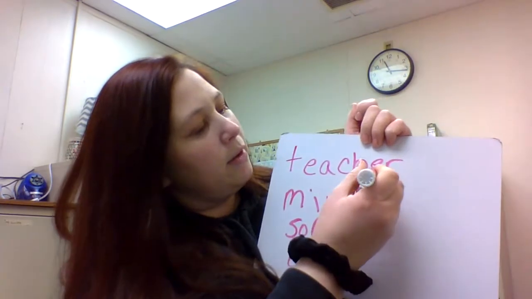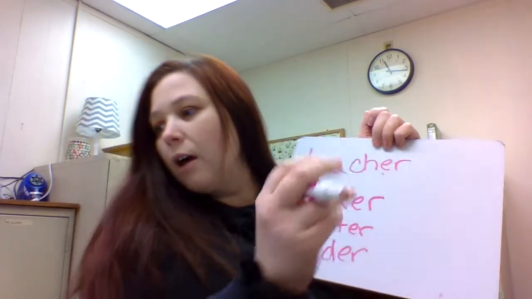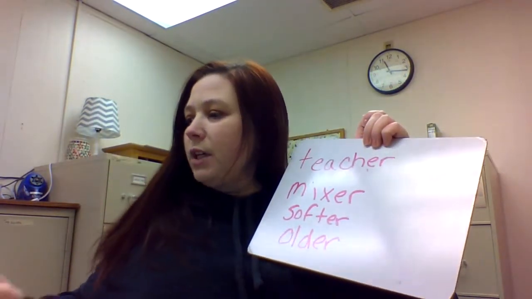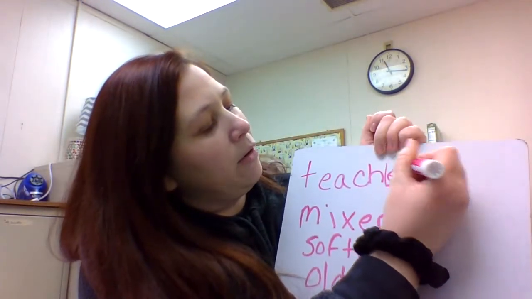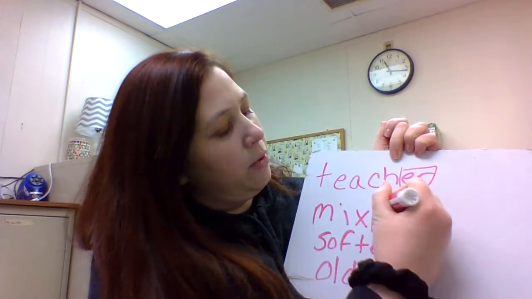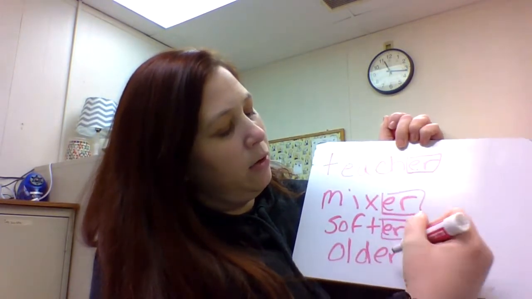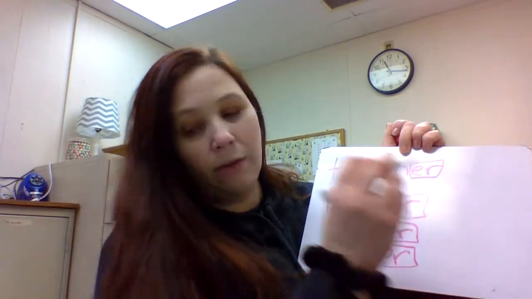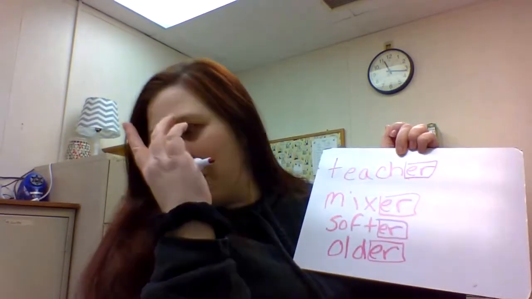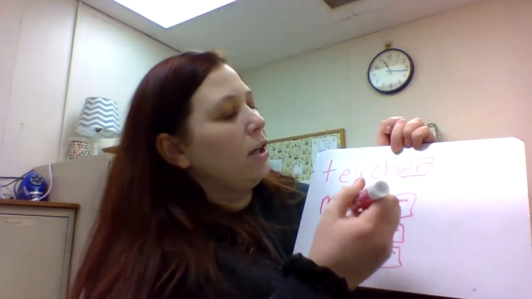You can see at the end that we have this suffix er. When we have a suffix, we're going to box it off like we always do. What do you think er might mean? Er is a vowel suffix, and we use er when we are comparing two things.